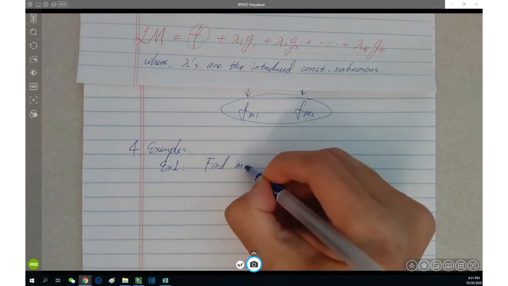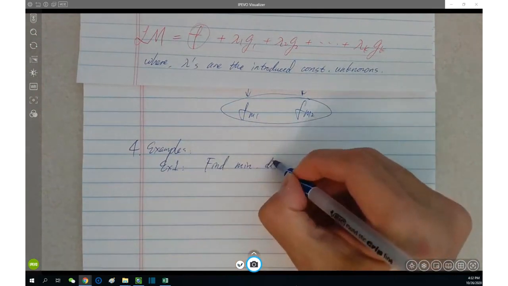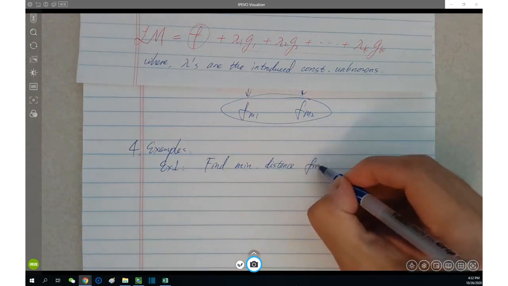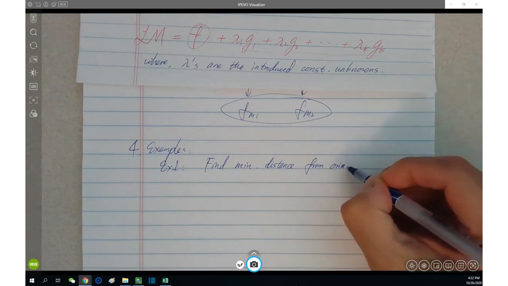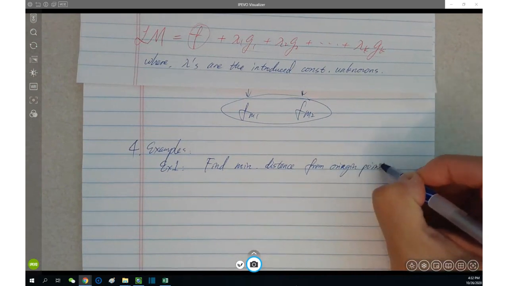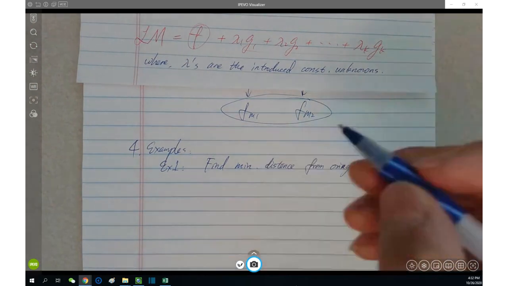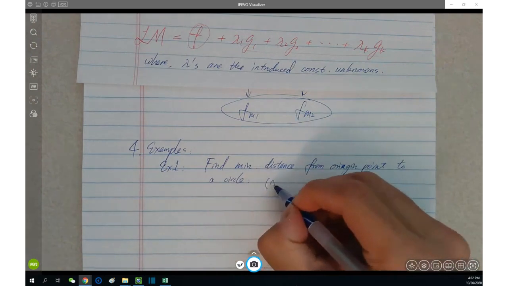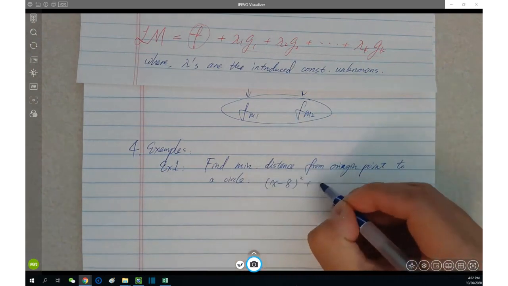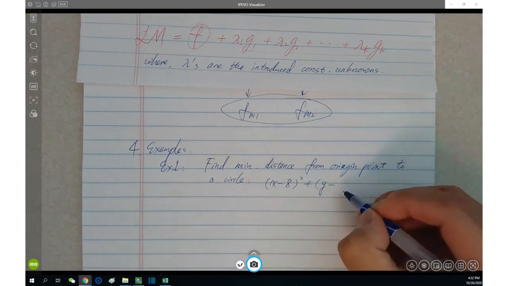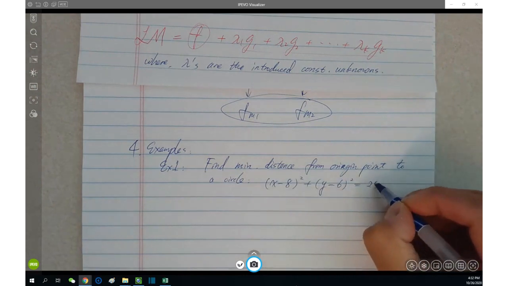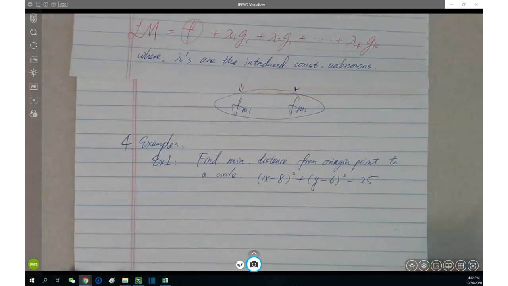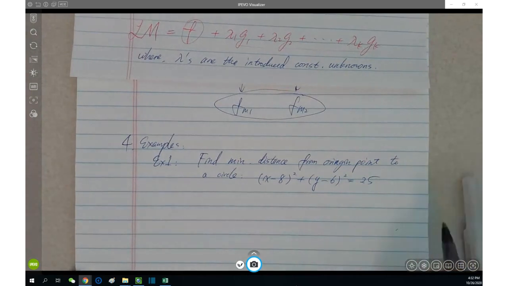Find the minimum distance from the origin point to a circle: x minus 8 squared plus y minus 6 squared equals 25.